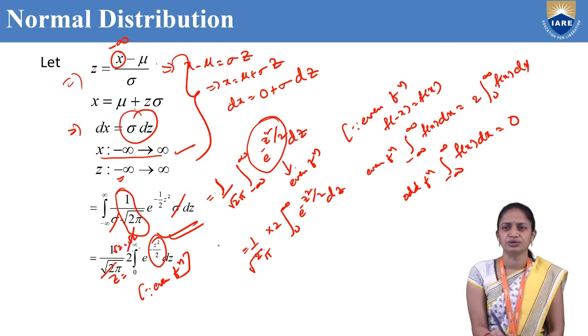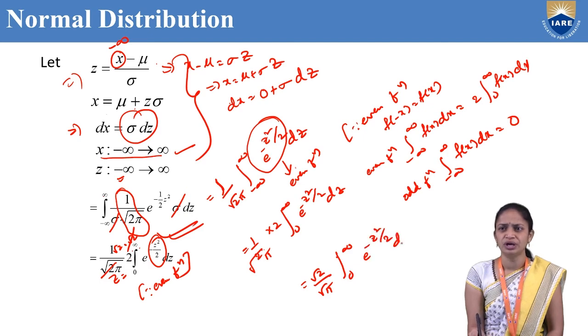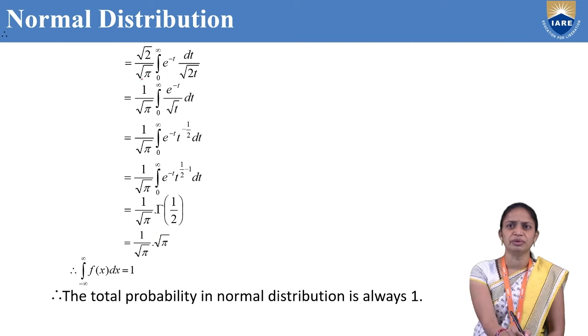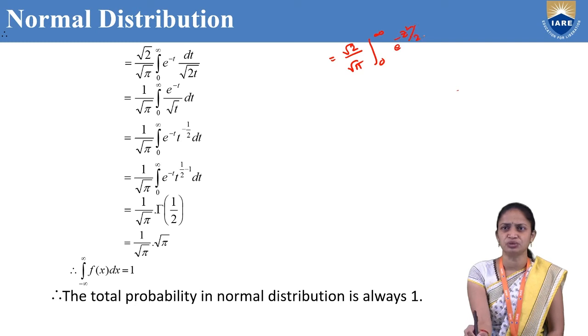So here we'll get root 2 divided by root pi into the integration over 0 to infinity of e power minus z square by 2 dz. So substitute the values here.